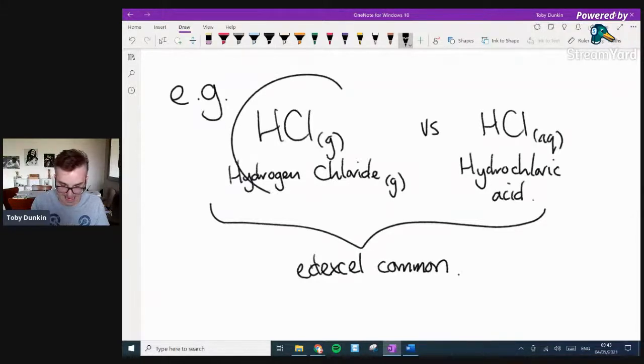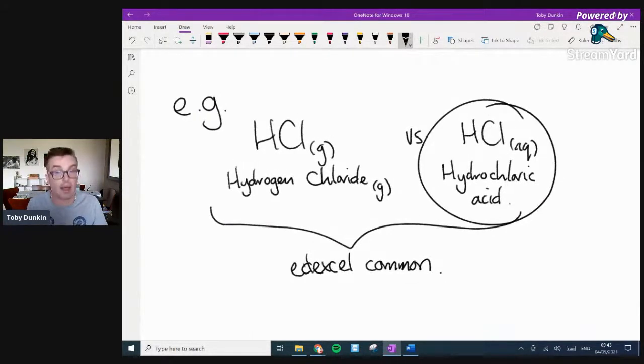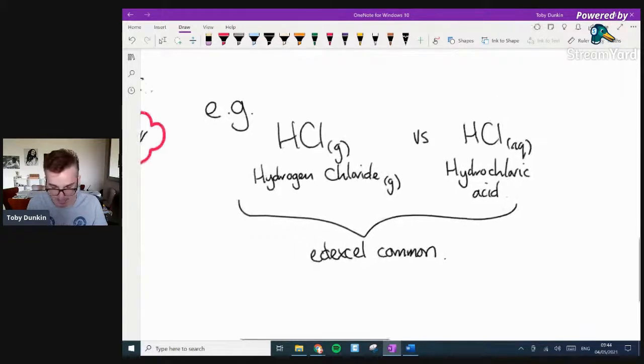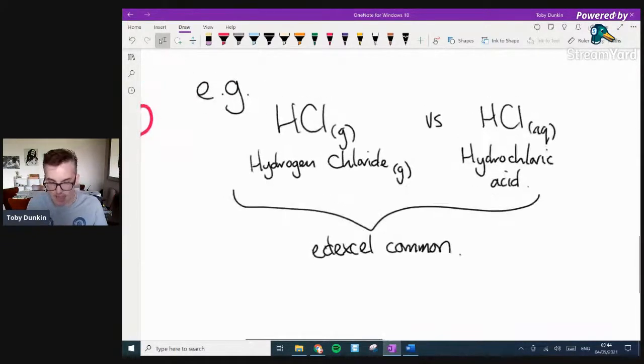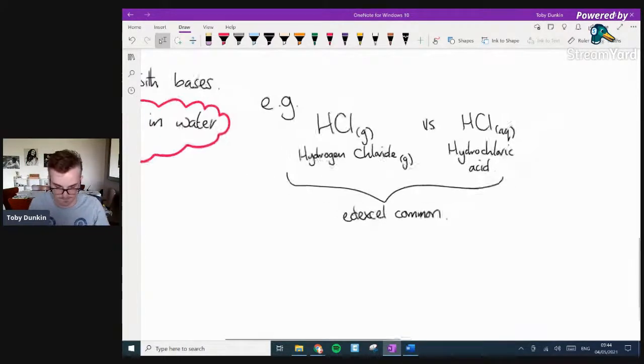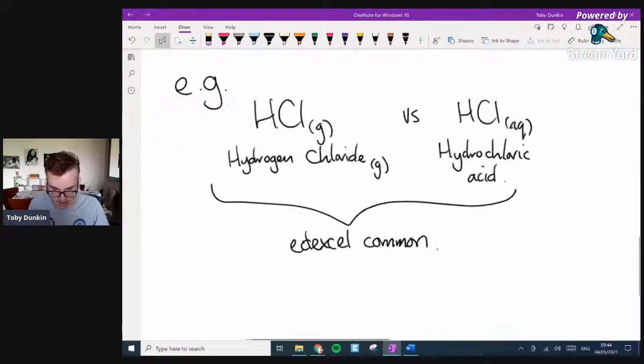They will give you that and ask you to name it, and everyone calls it hydrochloric acid and you lose the mark. They give you this one and you can't call it hydrogen chloride anymore. Isn't that a nightmare? So it's something to bear in mind. An acid cannot be an acid unless it's in water. Okay? It's really, really important.